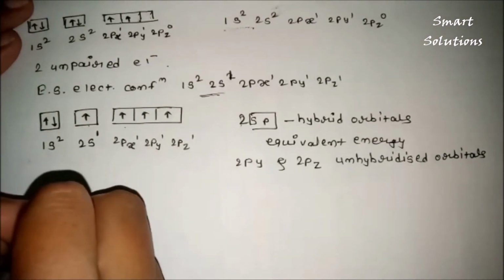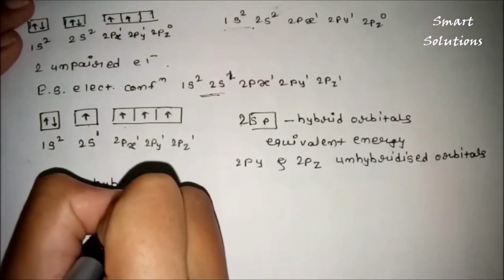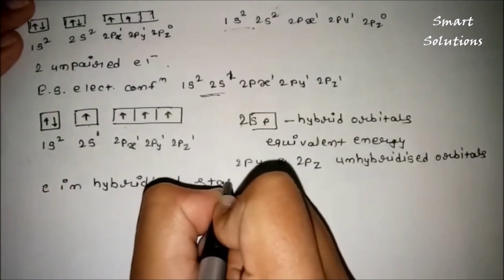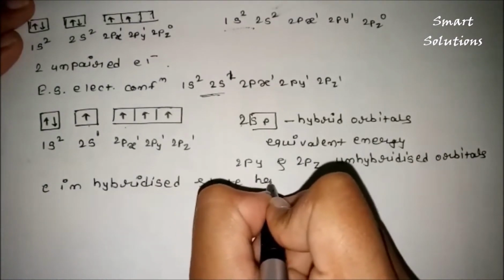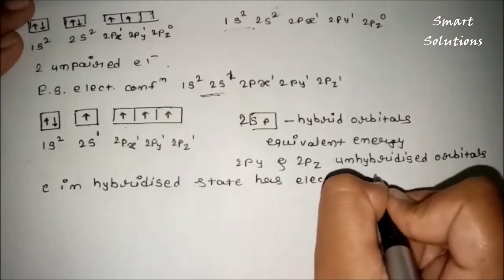Carbon in the hybridized state has this electronic configuration.